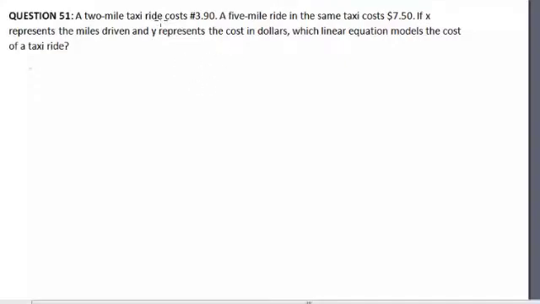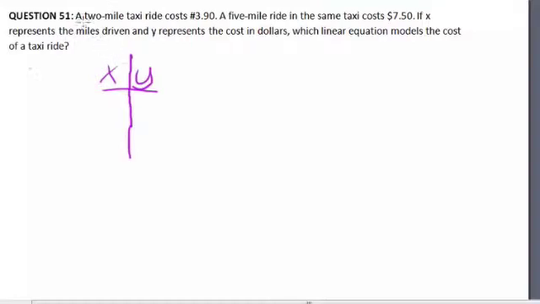For example, we know the cost of 2 taxi rides, and then they tell us if X represents this and Y represents that, which equation models the cost of a taxi ride. So if they're telling us what X and Y represent, that almost tells me, oh, I can make a little chart here that has the X values on one side and the Y values on the other side, because drawing charts like this help me solve problems when I'm dealing with linear equations.